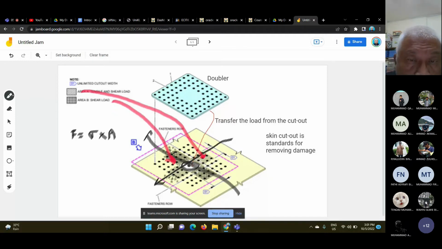So now the load will be carried across the doubler. So it will jump through. The load will jump through here, go up here, go across and come down. So if you want to see, let me draw something for you. Okay, say this is skin.